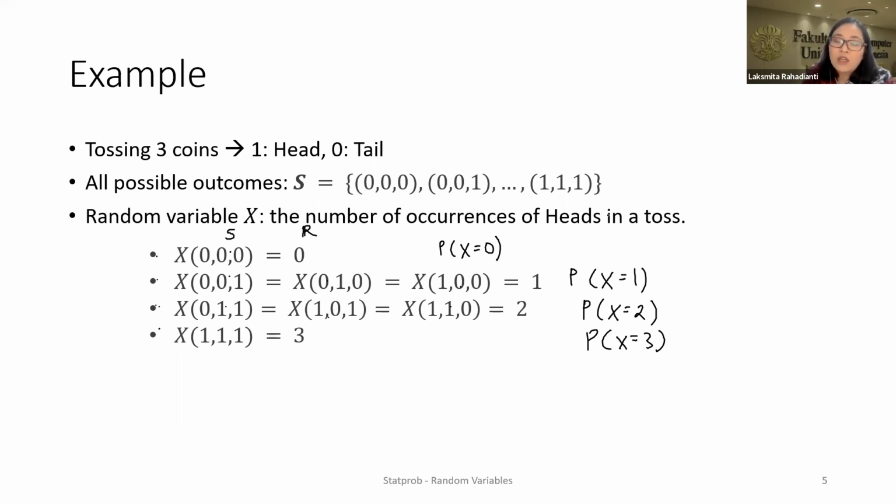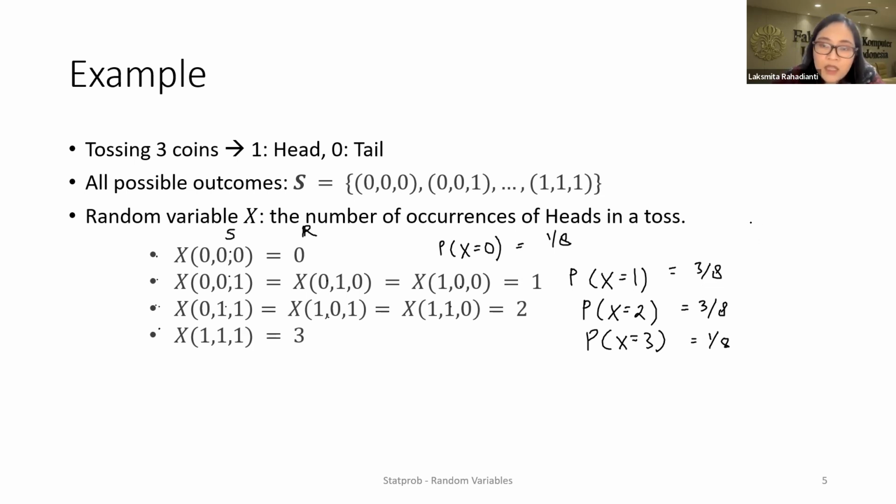Based on the number of possibilities, I can also compute the probability of each event. For example, here I know that the probability is 1, 2, 3, 4, 5, 6, 7, 8, so this is 1/8. This is 3/8, this is 3/8, and this is 1/8.